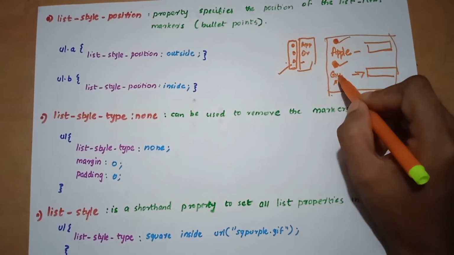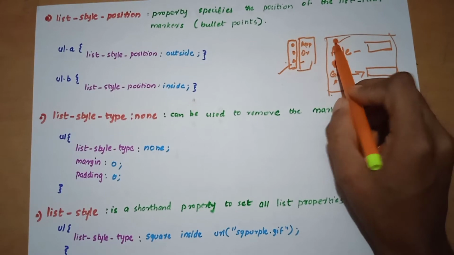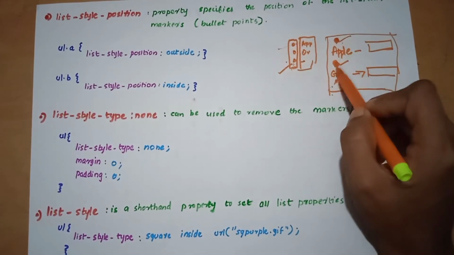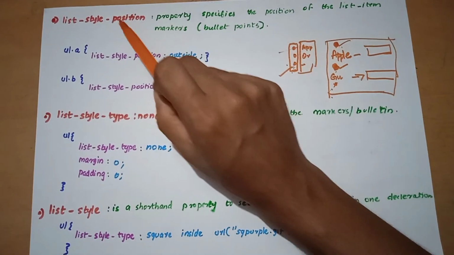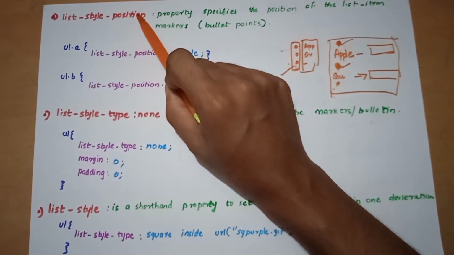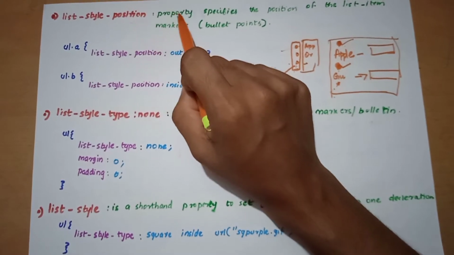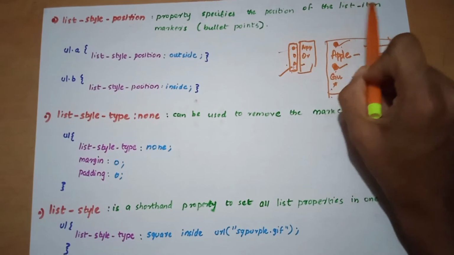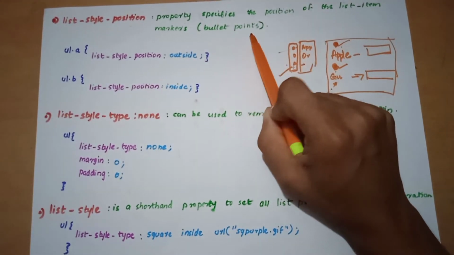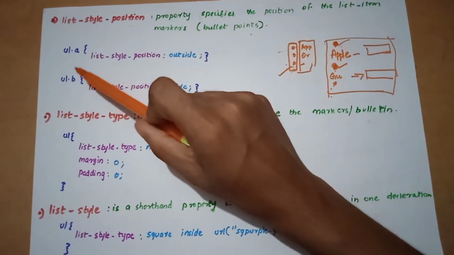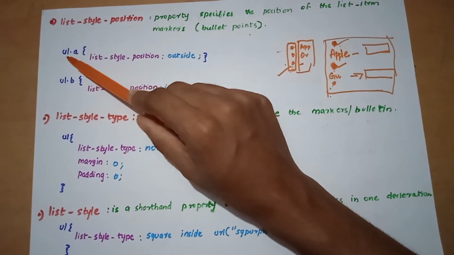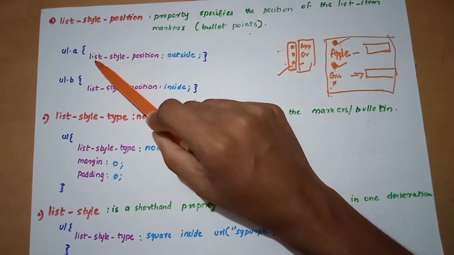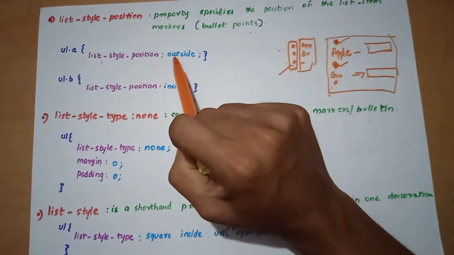So what is the difference from here? The list marker positions have changed from outside to inside. That is actually the use of this position property. This property specifies the position of the list item marker, that is, the bullet points. Here I defined an unordered list having a class value A, with list-style-position equal to outside.